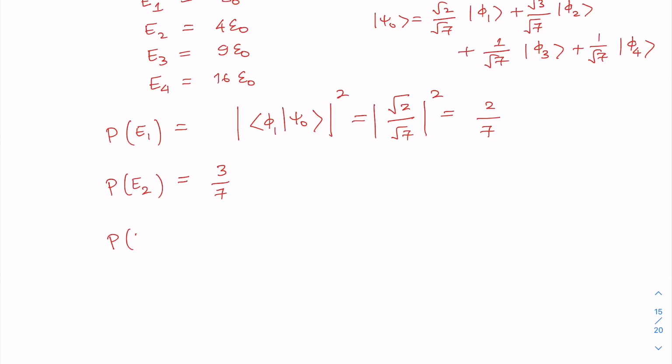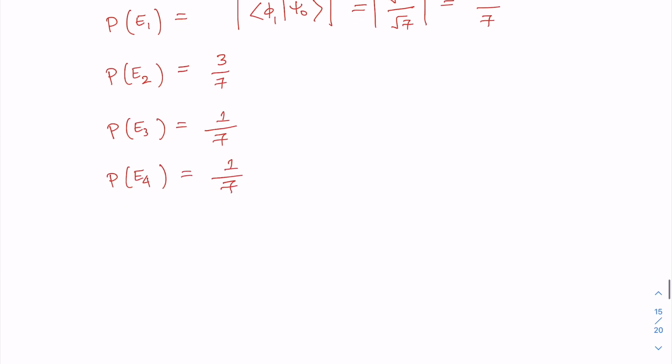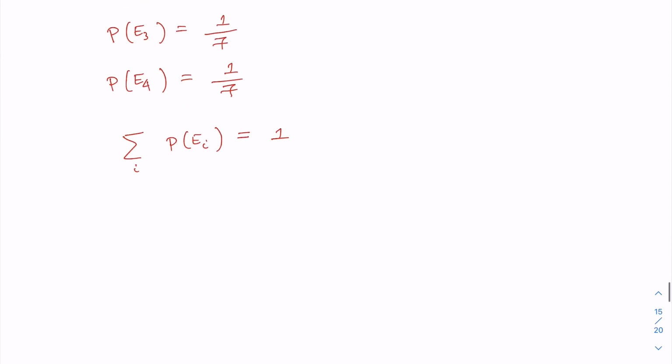The probability of getting the energy E3 would be 1 by 7, and the probability of getting the energy E4 would be 1 by 7. As you can see, if you sum up all the probabilities P(Ei), obviously you should get 1.